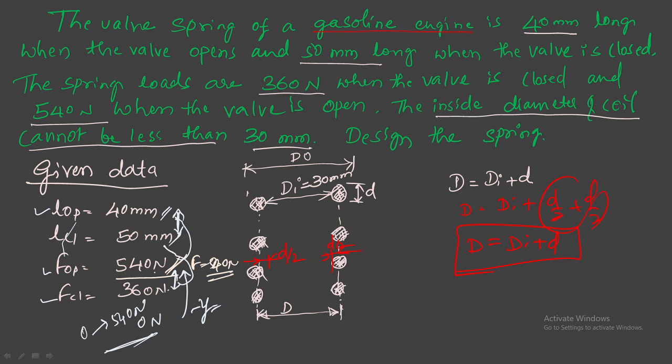To get a spring length of 50 mm, you need a force of 360 Newton. But from 0 to 540 Newton, how much it is going to compress or deflect, we don't know. So now you need to find out the total deflection of the spring based on these parameters.